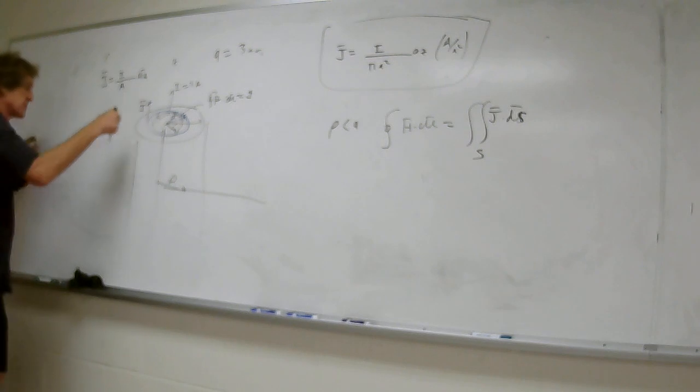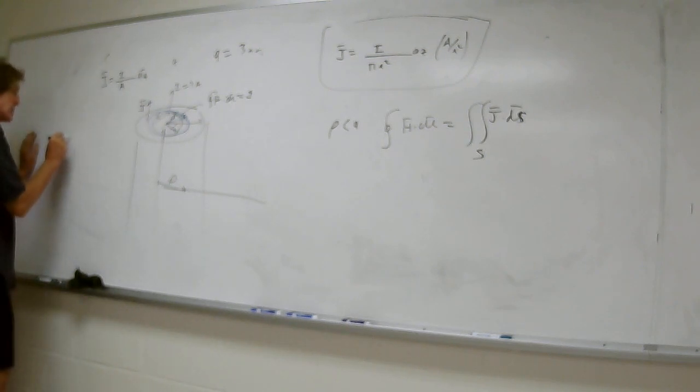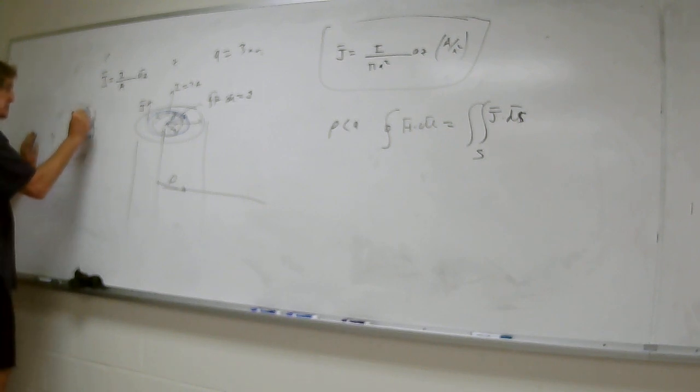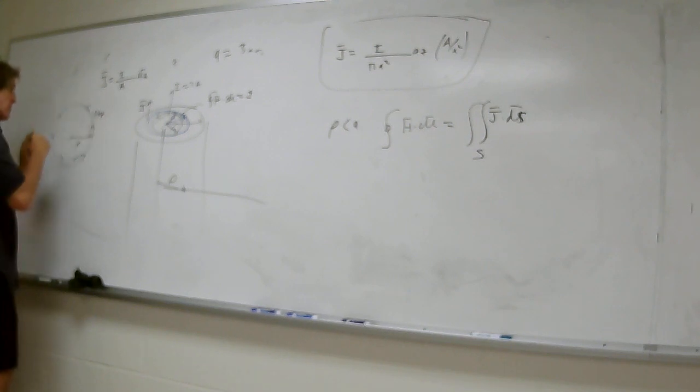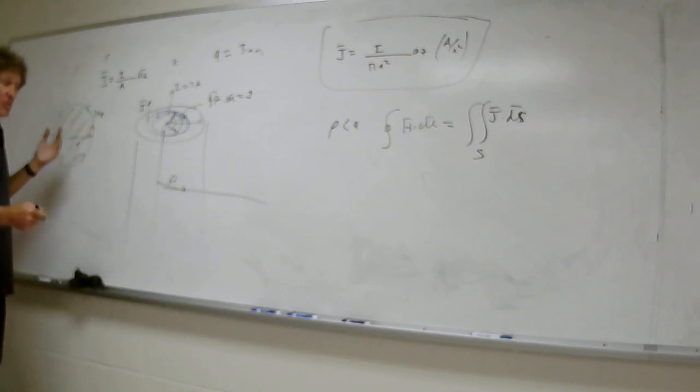If you look straight down here, we're out at a distance rho. Here's my loop. I know the H field is this way. So the H field integrated over that loop is simply 2 pi rho H phi, and it's equal to all the current penetrating in there.